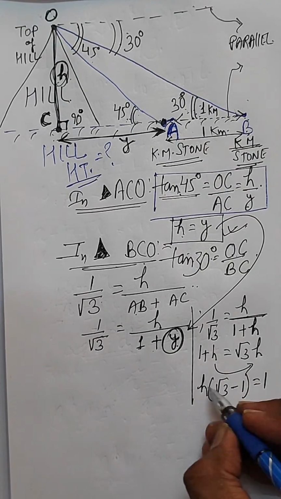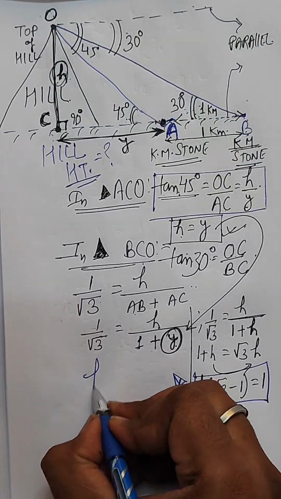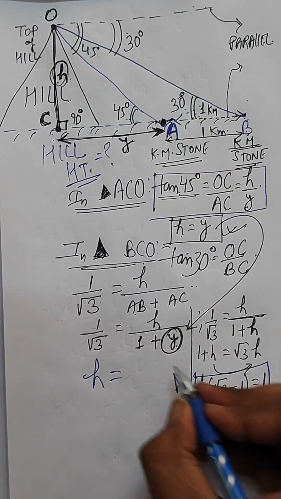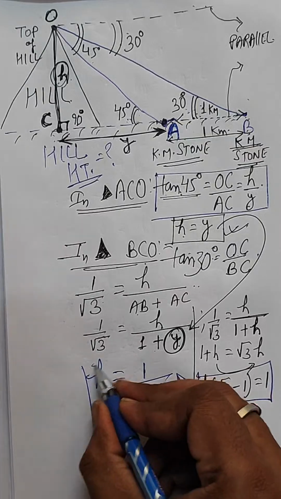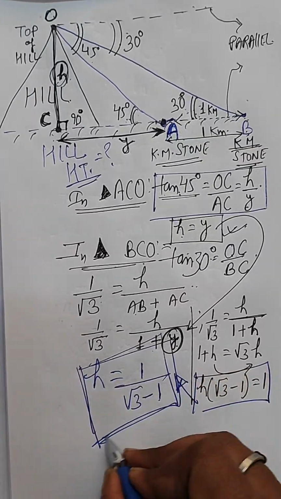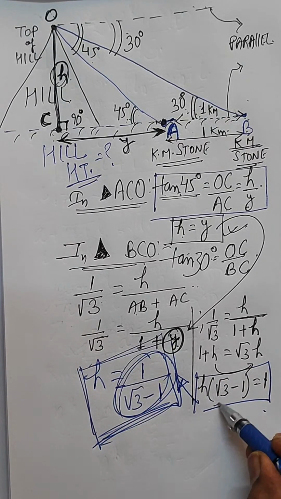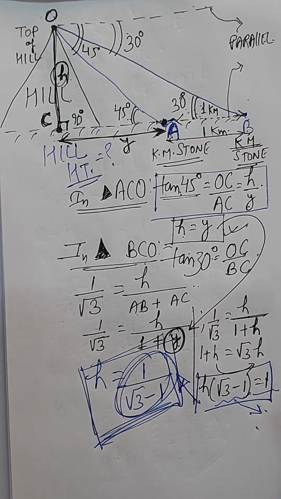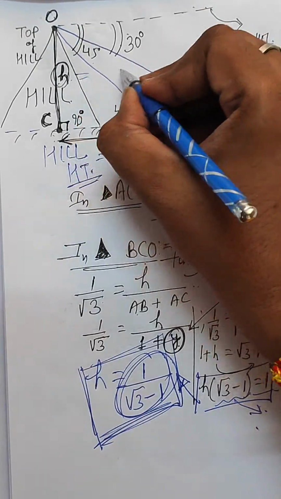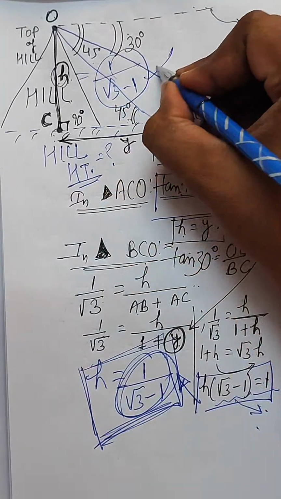So this will give you the value of H. The value of H, that is the height of the tower, is given as 1 by root 3 minus 1. And in this way we have calculated the height of the tower, that is 1 by root 3 minus 1, because this root 3 minus 1 goes into the denominator of 1, right? So the value of H is calculated as 1 by root 3 minus 1, and this is the height of the tower.